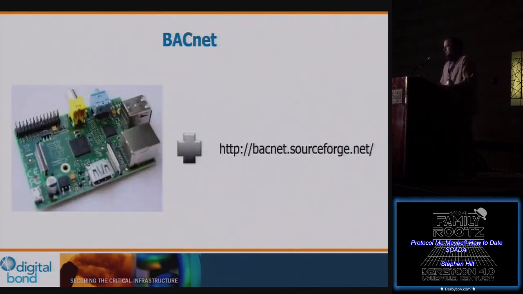So what we did was, there's a really cool open BACnet stack on SourceForge, and it runs really well on a Raspberry Pi. So we got that and put it together, built the system, and started just playing with it to see what kind of information we could query out of the device and see if it really supported it and that our packets were formatted correctly.